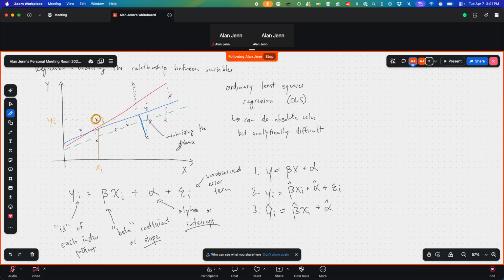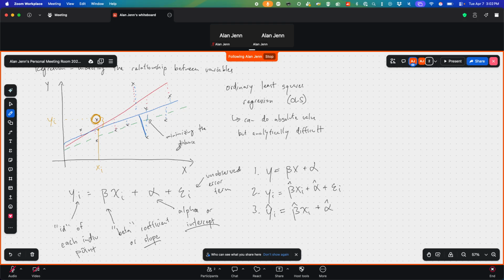That's like the true value. 2 is describing the relationship between points. And what does the caret have to do in number 2 again? The carets are your best guess at what beta and alpha are, because you never get to know what those truly are.